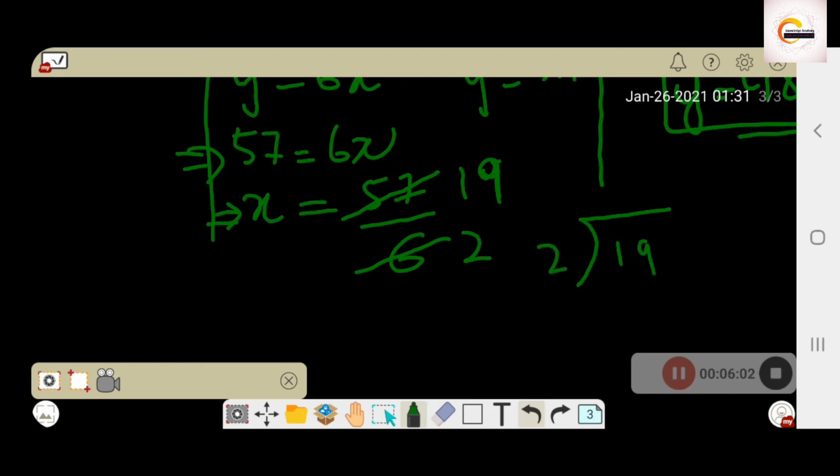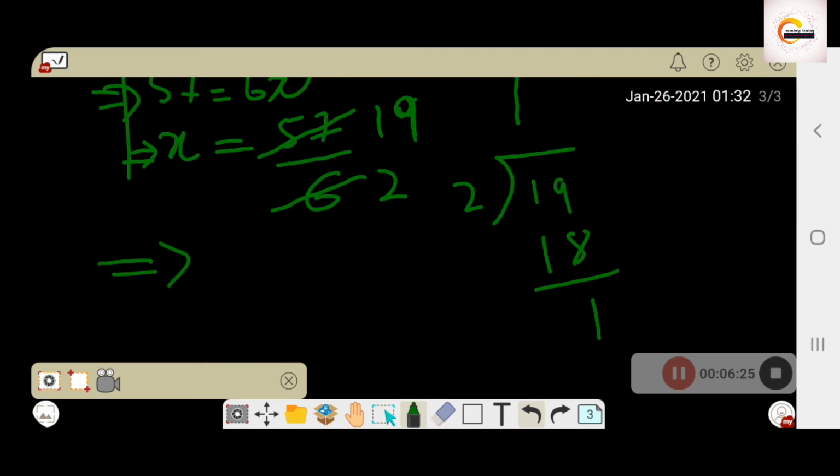I'm just converting into the mixed fraction to get the answer of the book.